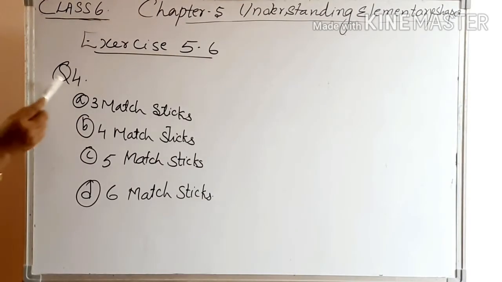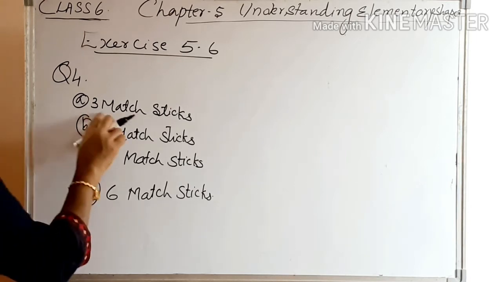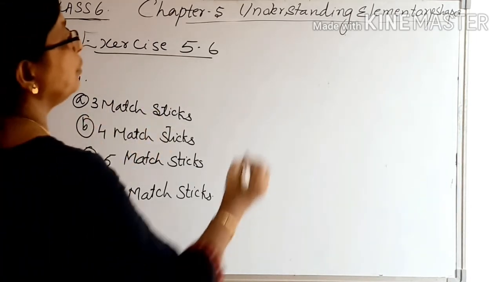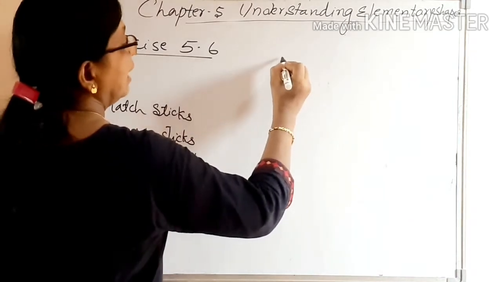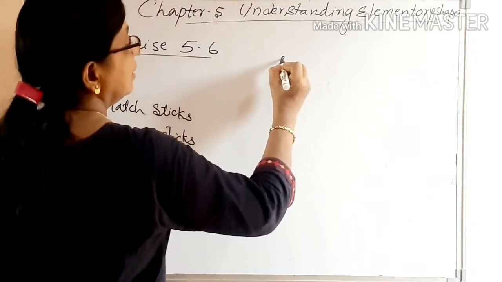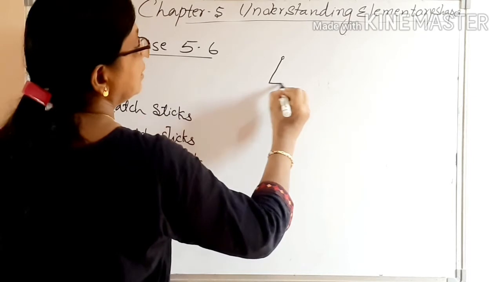Next question is question number 4. I will read the question. Listen carefully. Try to construct triangles using matchsticks. Some are shown here. Can you make a triangle with the first one? 3 matchsticks. We have to use 3 matchsticks. I am using 3 matchsticks.